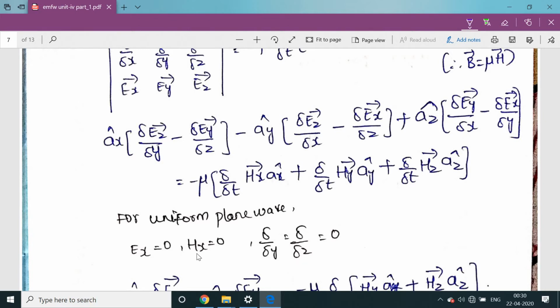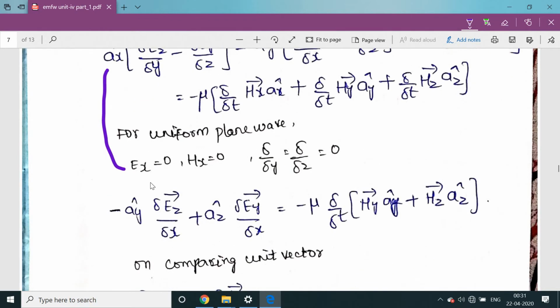If it is a function of x and t, we have already seen that there will be no components or no variation of electric and magnetic field in the x direction. So Ex is equal to 0 and Hx is equal to 0, and it is independent of y and z axis, so dou by dou y is equal to 0 and dou by dou z is equal to 0. Now if you apply these conditions in this equation, what do you get?